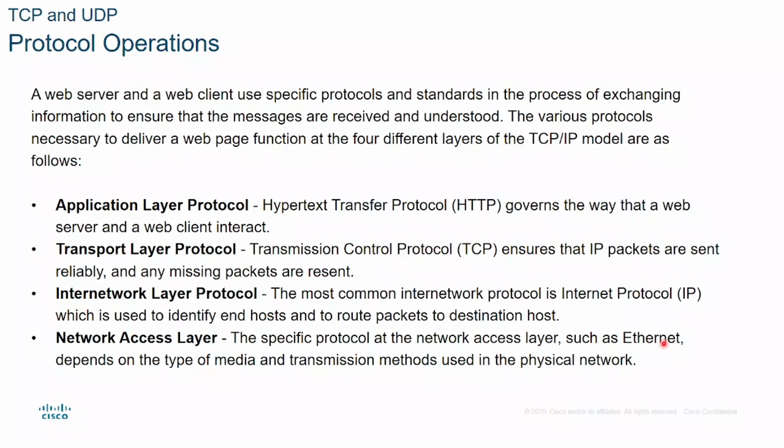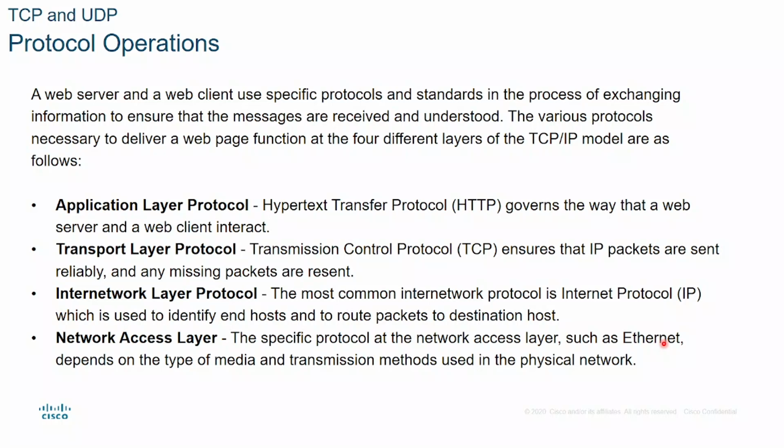Then the network access layer. The specific protocol at the network access layer, such as Ethernet, is dependent on the type of media and transmission methods used in the physical network. When you see media, how is this information being sent? Is it wired? Is it wireless?